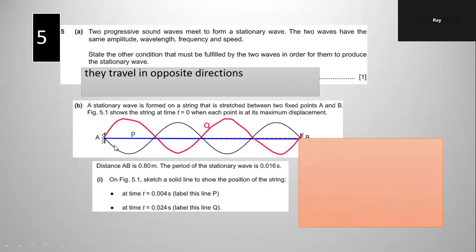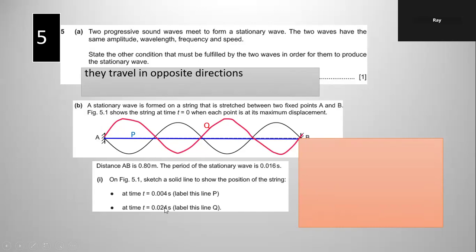The string is vibrating, this part is vibrating upwards, come down, go down, upwards, like that. So they want to know 0.04 second. 0.04 second is a quarter of the period. So if we start from here, it should be horizontal, a quarter of a period.